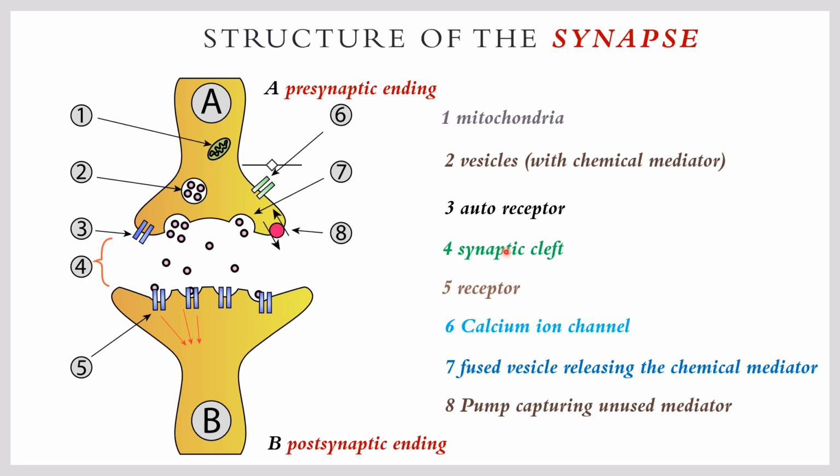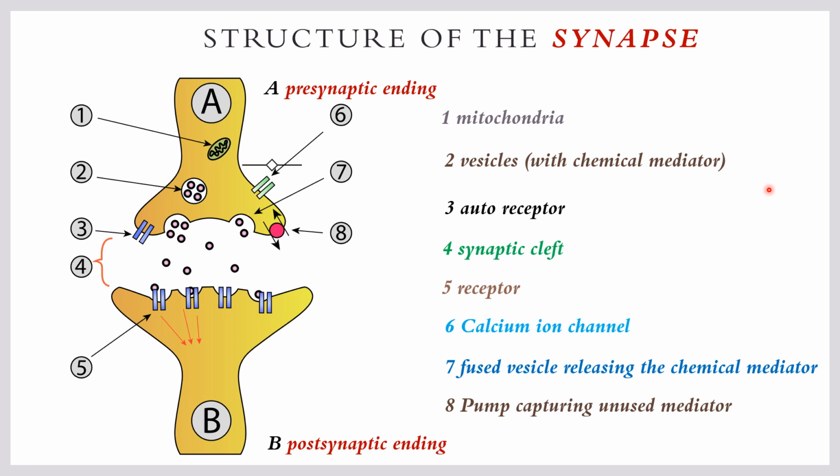So here is the structure of the synapse. In the beginning of the lecture, I said that today we are discussing chemical synapses, but just for you to know, there are also electrical synapses where action potentials jump directly to the next neuron, but these are rare and more characteristic of invertebrates.